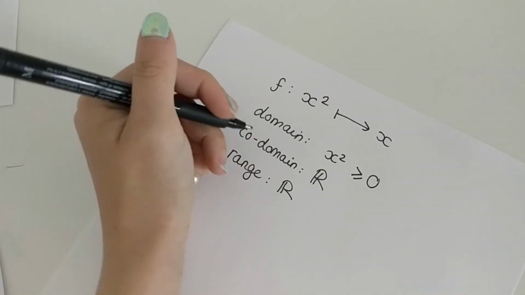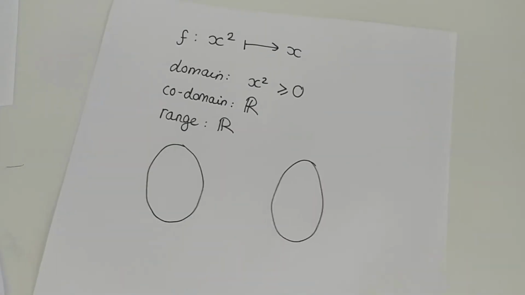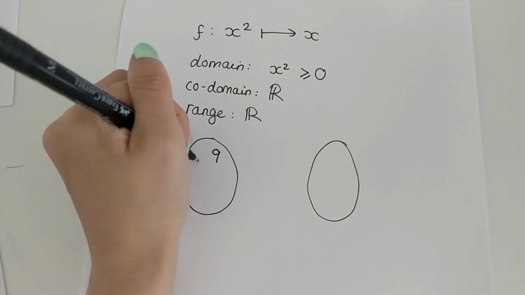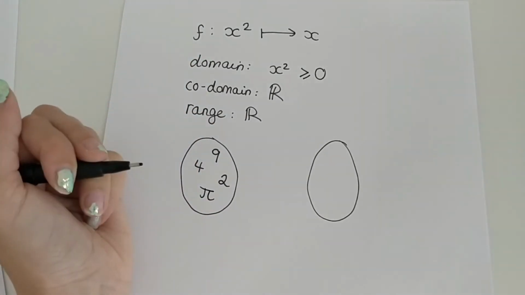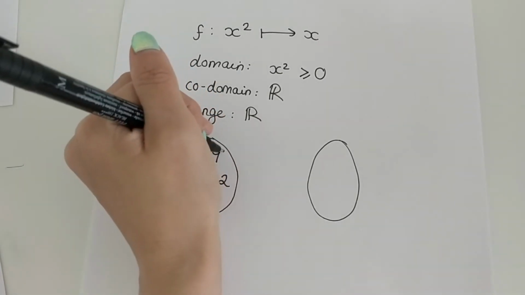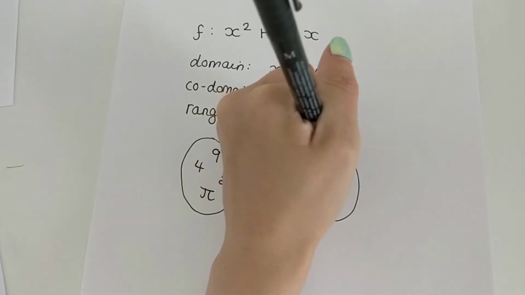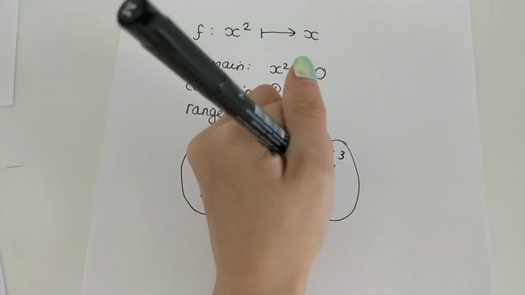Okay, now let's draw some inputs and outputs. So let's just put some values in there. Okay, so if x squared is 9, what's x? Well, it's either 3 or minus 3. If x squared is 4, what's x?